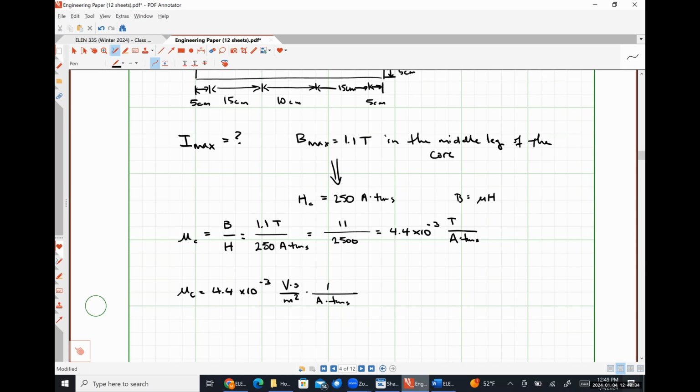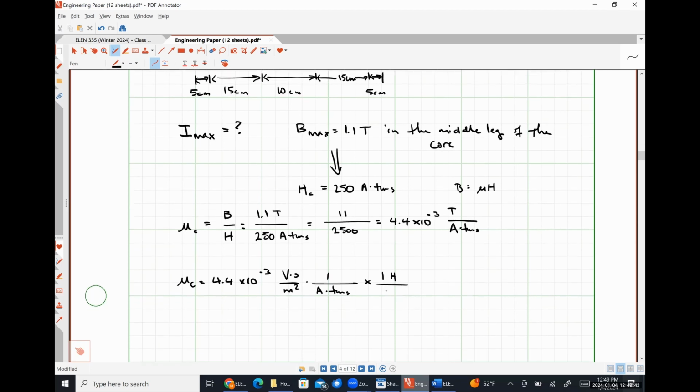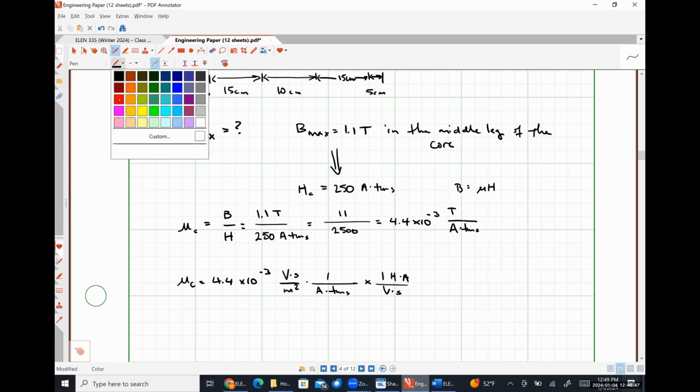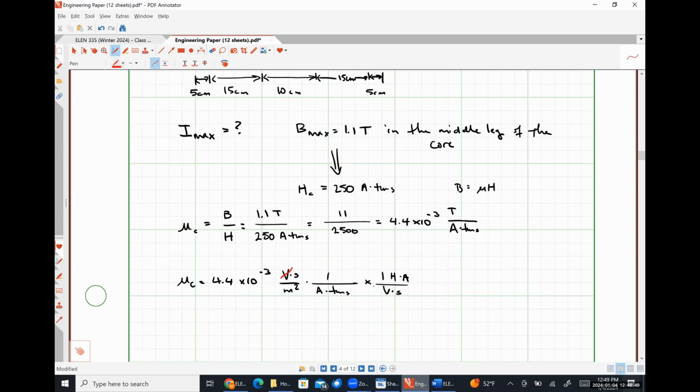So the volts and the seconds cancel, the amps cancel, so I have Henrys per meter squared.